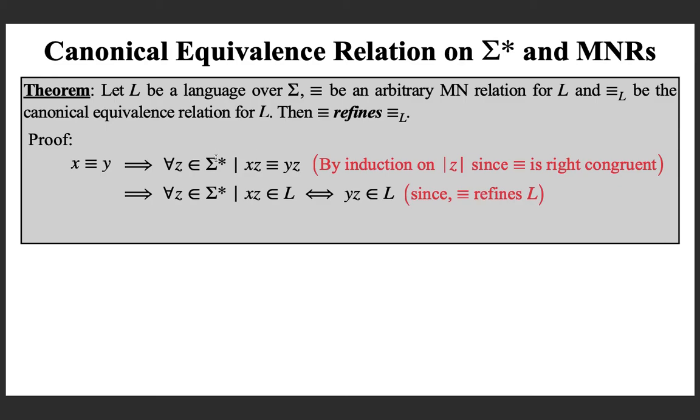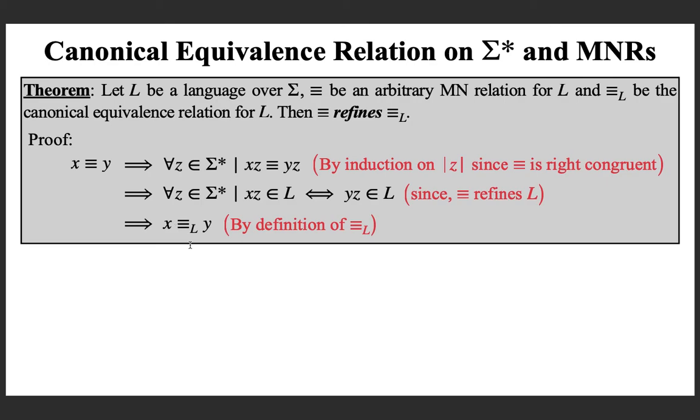Whenever two strings are related, we know that either both are in the language or both are not in the language. This is exactly what we are saying here. And from this, we know that x is related to y under the canonical relation, because it follows from the definition of the canonical relation.